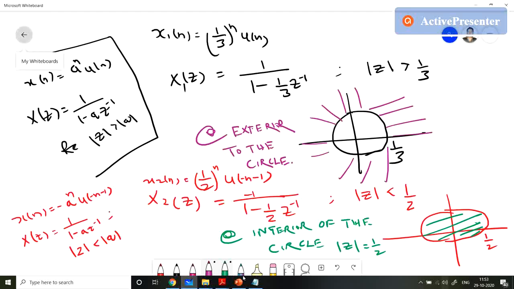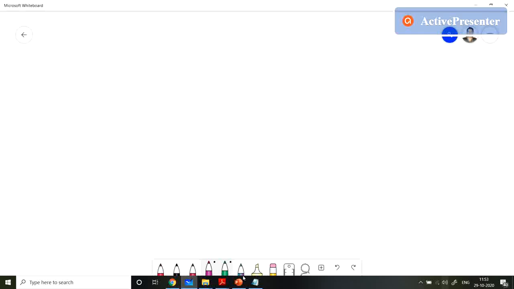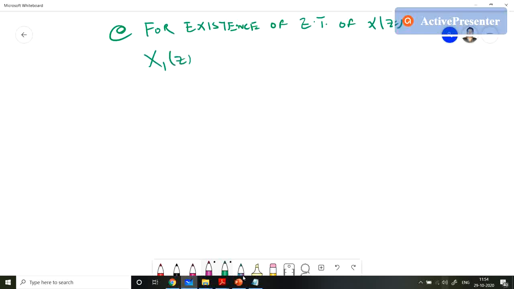Now let us find the common ROC, because for the existence of the Z transform of X(z), the ROCs of X1(z) and X2(z) should overlap.